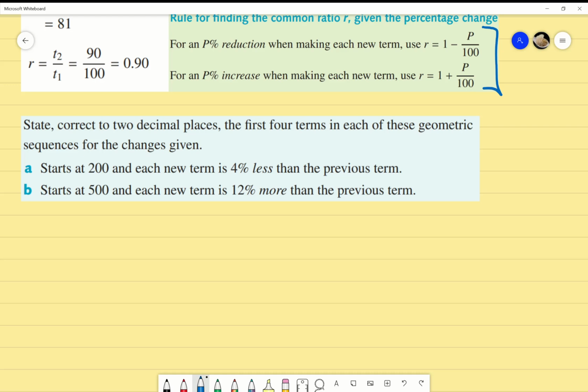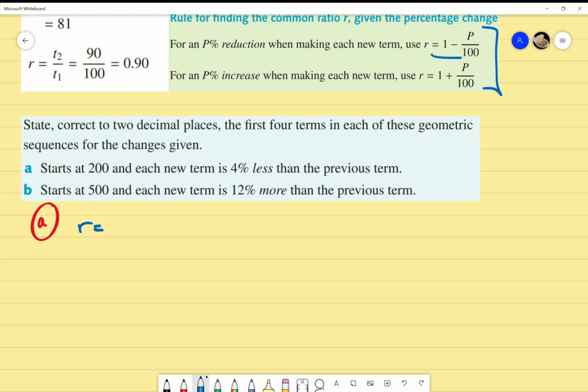If I was to put that into context of the analogy I was given earlier, let's say you start off with $200, and each day you spend 4%. That's all it's asking. So, of course, we have to be able to find the value of R. If I'm losing 4%, I'm going to go ahead and write that in. So my R value, let's focus on A for now. I know R equals, I'm going to follow the formula.